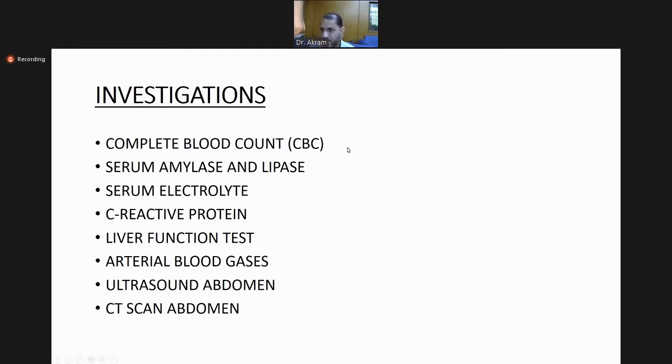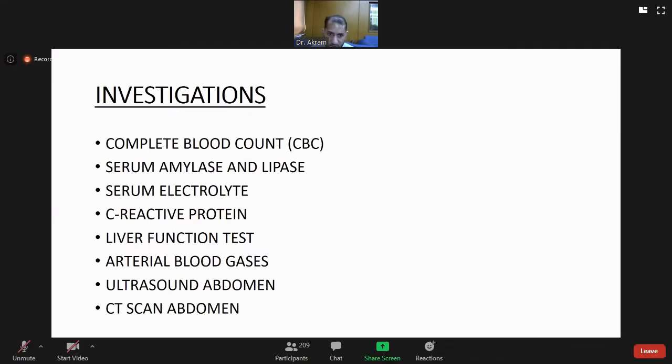And acute pancreatitis has different varieties: mild, moderate, and severe. The mild has very rare mortality and morbidity. If the acute pancreatitis is moderate, then the mortality is 20%. And if it is hemorrhagic or necrotizing pancreatitis, then the mortality is more than 50%.